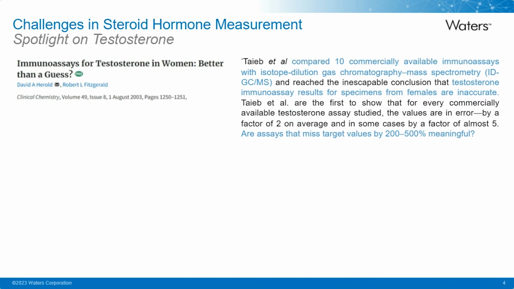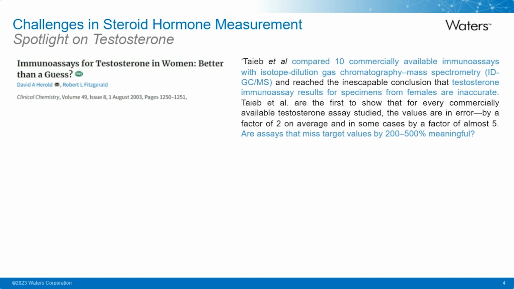So there are challenges in steroid hormone measurement, and I thought I'd use testosterone to shine a spotlight upon these challenges. And these challenges have been fully recognized in the last 20 years. In 2003, there was an editorial in Clinical Chemistry that asked whether widely adopted immunoassay techniques for testosterone analysis are better than a guess.